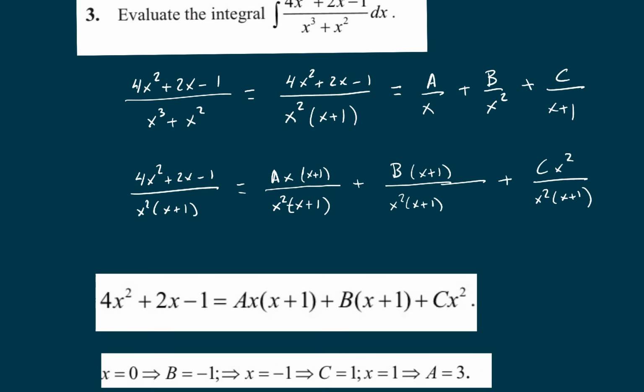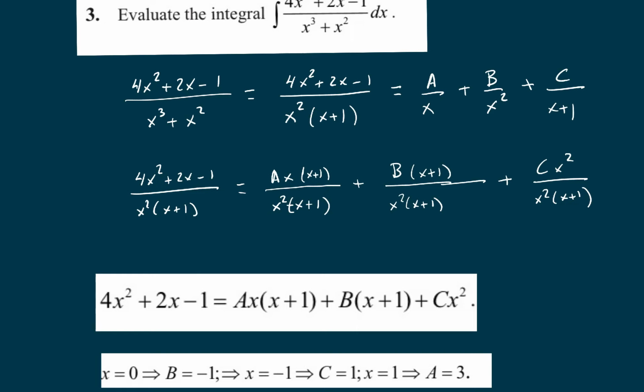Well, to do it, I will write the common denominator, x squared multiplied by x plus 1. So I will put the same denominator in every term. So I have to produce A divided by x. A divided by x is produced if I multiply A by x plus 1. The x plus 1 will cancel with x plus 1, the x will cancel with the square, and I will have A divided by x.